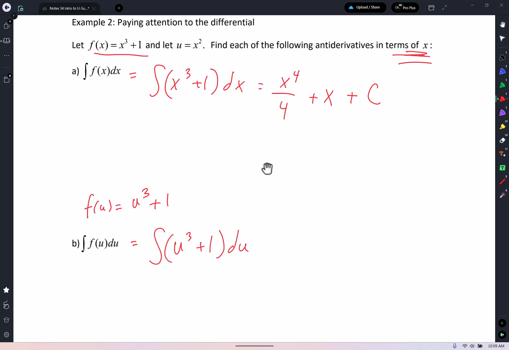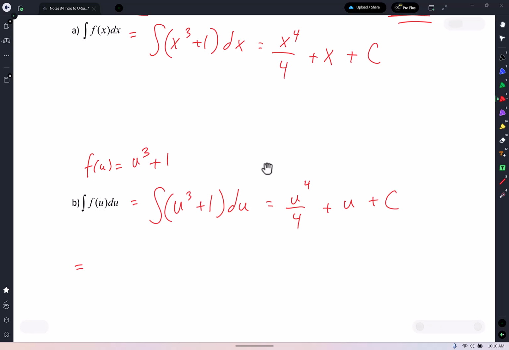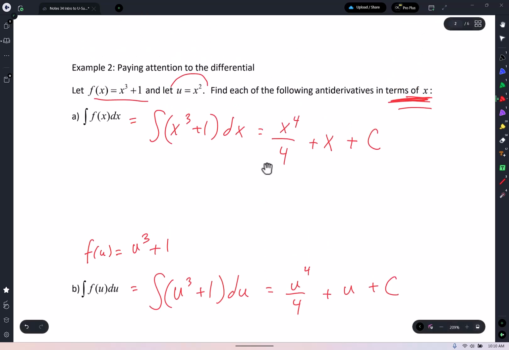Is anyone confused? Okay, what's the antiderivative of u cubed with respect to u? Plus, what's the antiderivative of 1 with respect to u? u. And I still have that plus c. Do they want it in terms of u, though? No. So I'm going to rewrite this in terms of x. Look what u is. u is x squared.